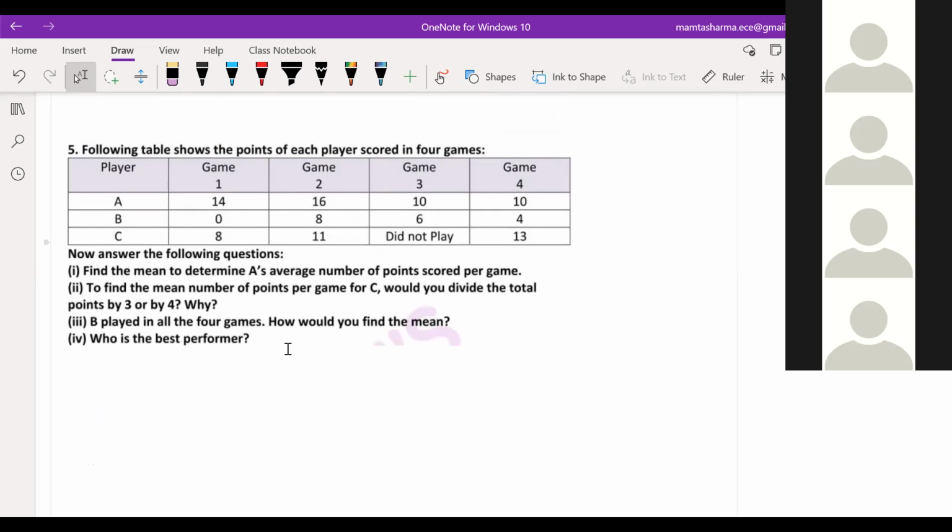Is mine correct, ma'am? Yes. Ritvik, Harini, Shiv Pranav, you are correct. B's average, do it fast. Ma'am, I gave you all the answers. Shiva Pranav, I got it. Let me check. Ma'am, I think I should do one more question. Yes. Who is the best performer?